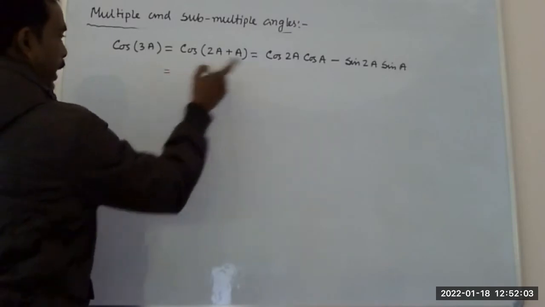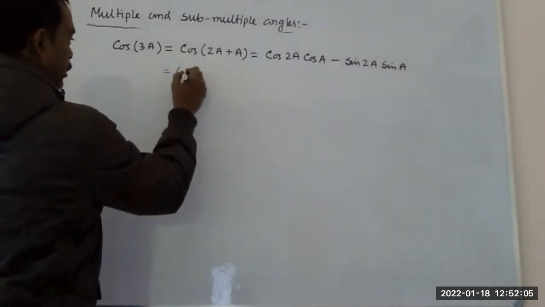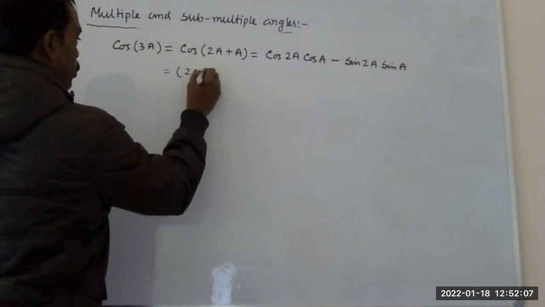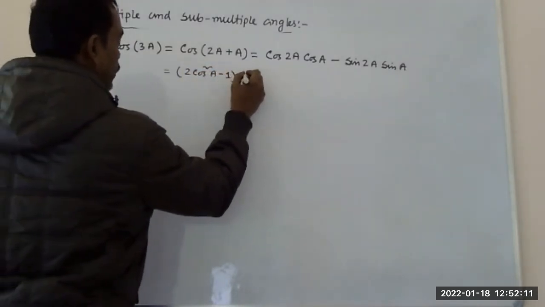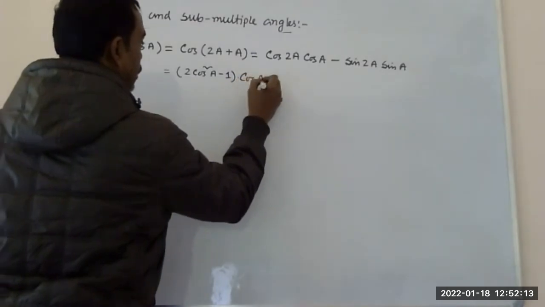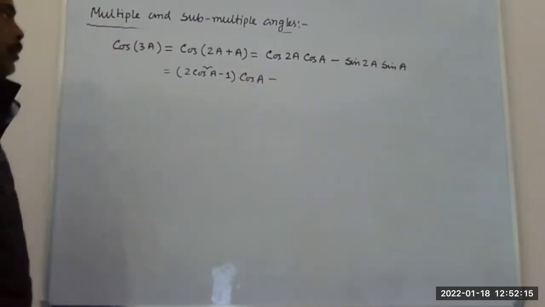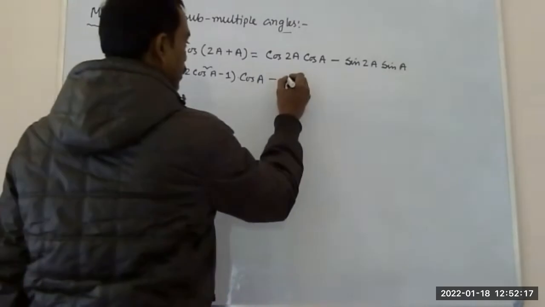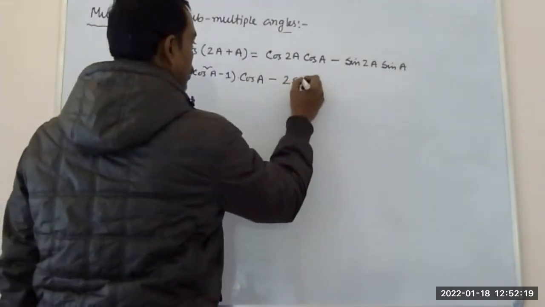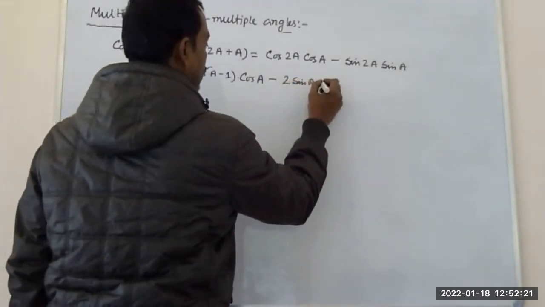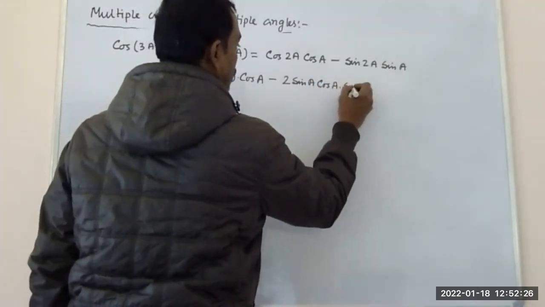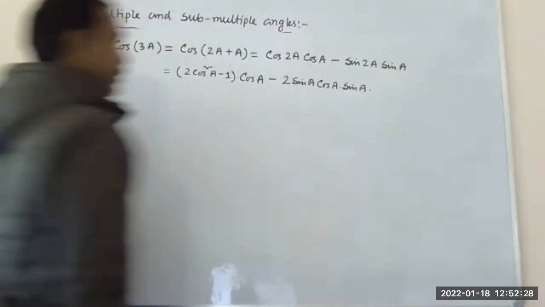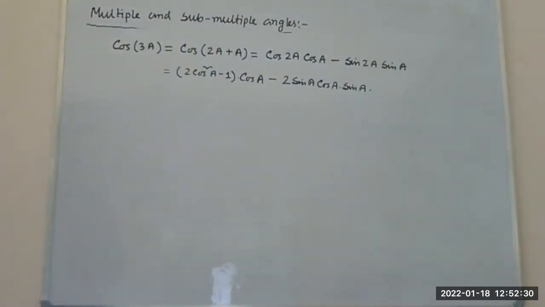Now cos 2A can be written as 2 cos square A minus 1, into cos A, minus sin 2A, that means 2 sin A cos A into sin A. Is it understood?